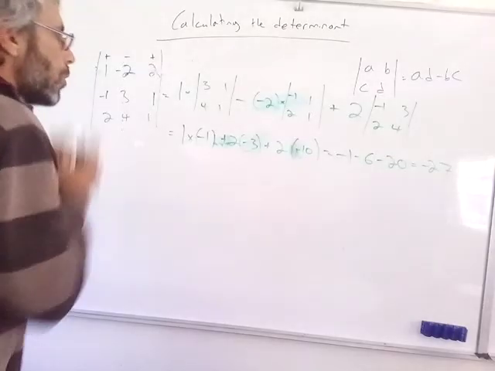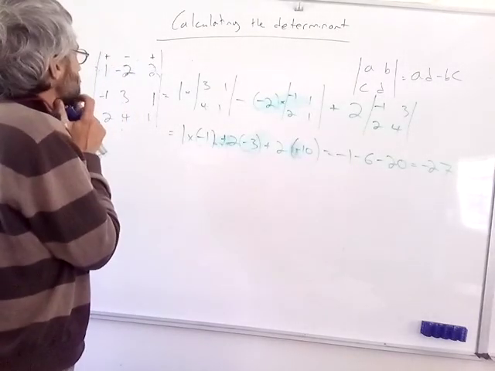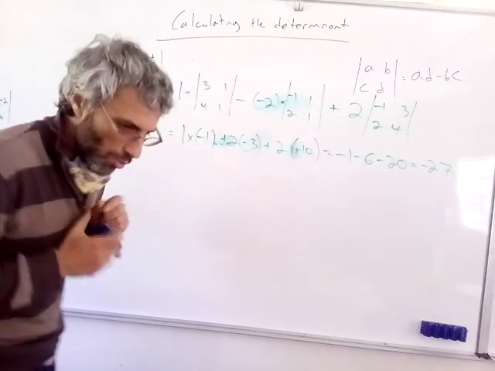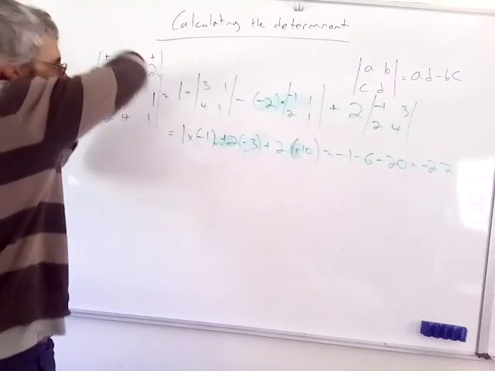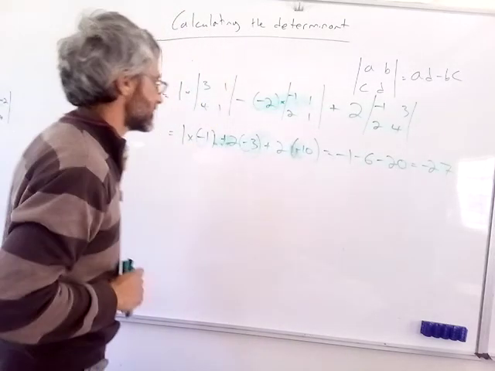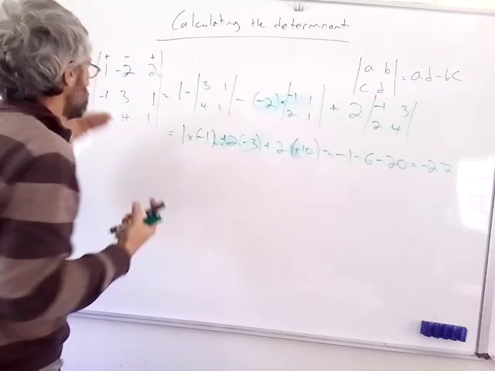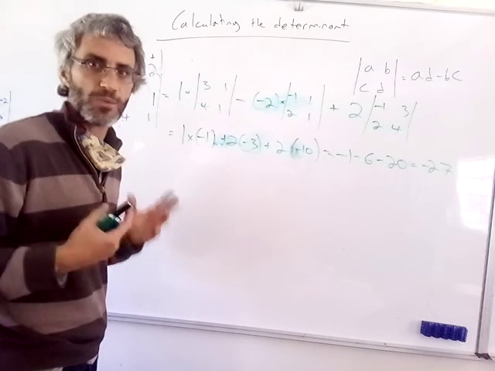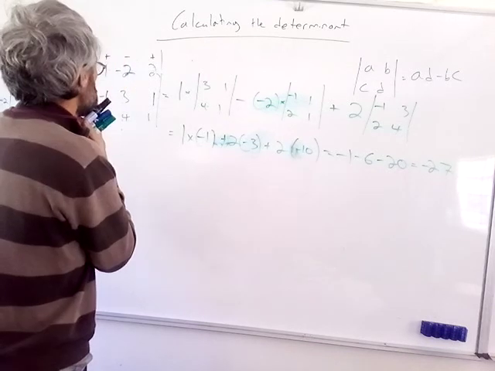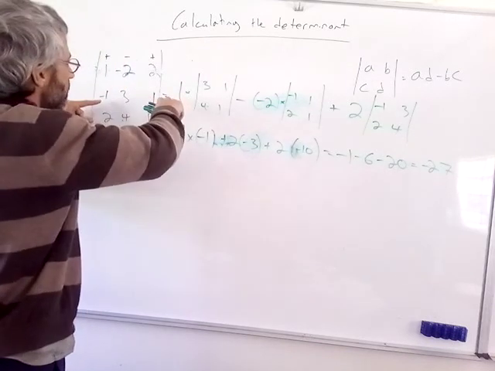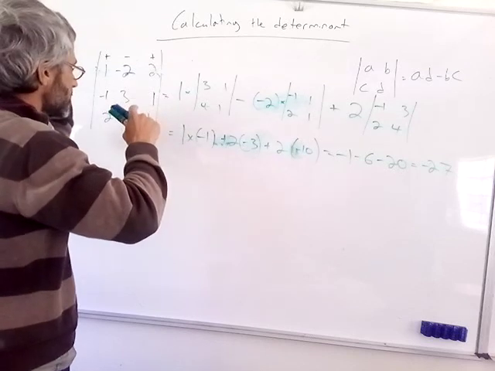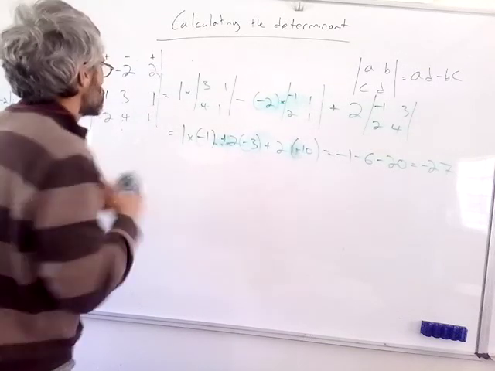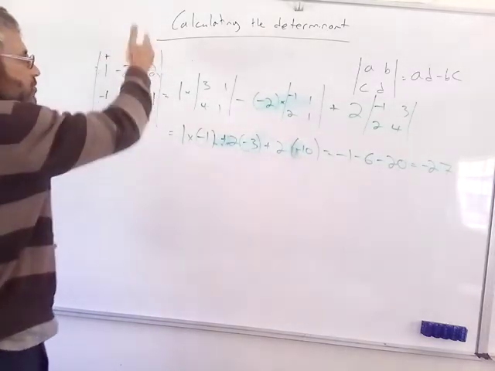Now what I want to do is show you what would have happened. We chose the first row to calculate this determinant, but I could have chosen the second row, or the third column. It doesn't matter. It works with a column too.